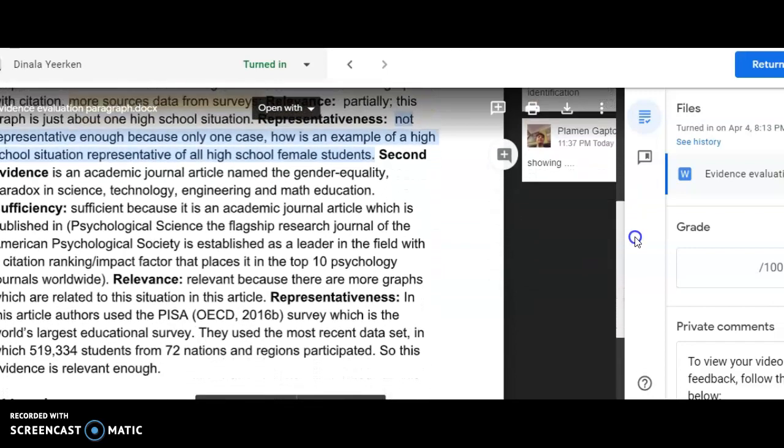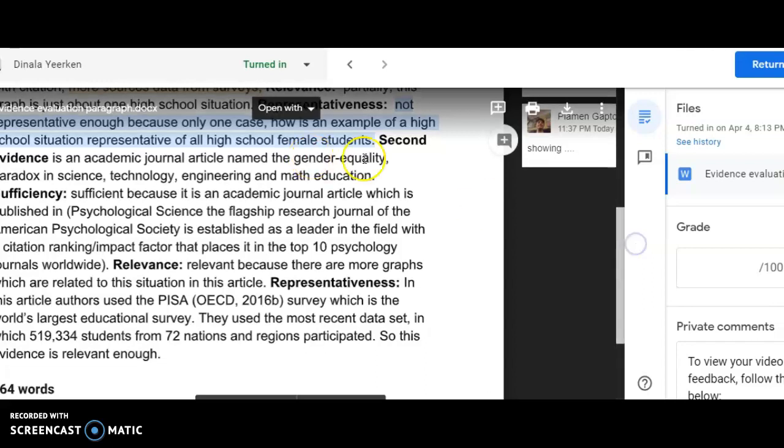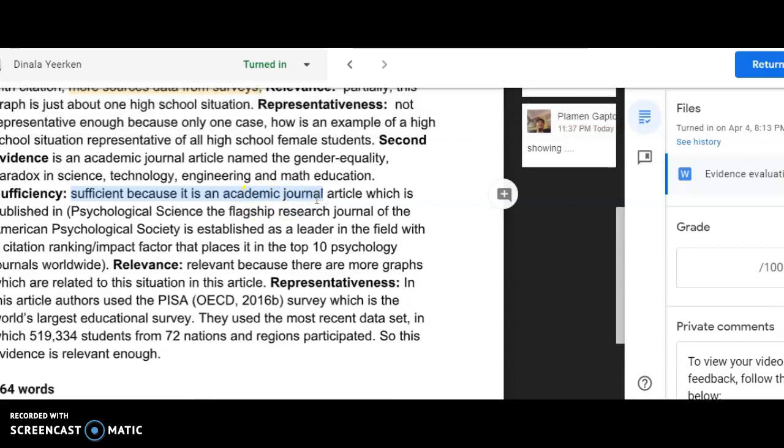Second evidence. Academic journal article named Gender Equality Paradox in Science, Technology, Engineering and Math Education. Again, this is for the identification, right? Okay, sufficiency. Sufficient because it's an academic journal. Again, the fact that it's an academic journal doesn't make it sufficient in itself. It just makes it maybe reliable, but when we're evaluating relevancy, sufficiency, and representativeness, just the fact that it's academic doesn't automatically make it sufficient, relevant, or representative, right?